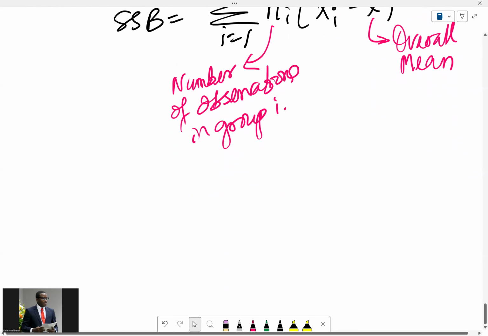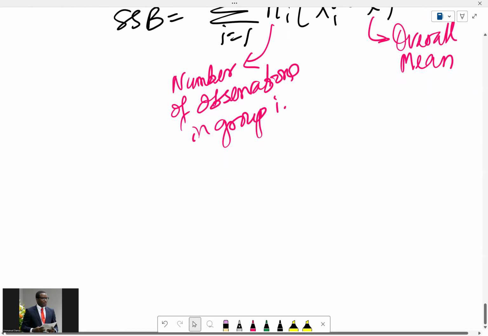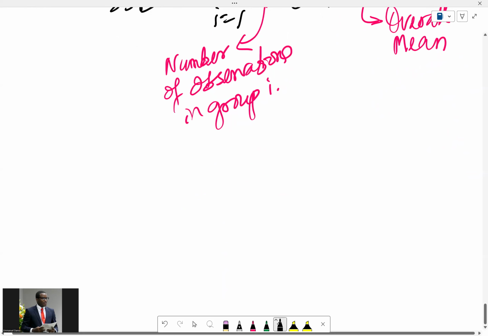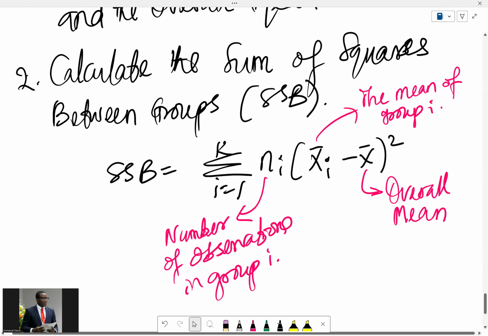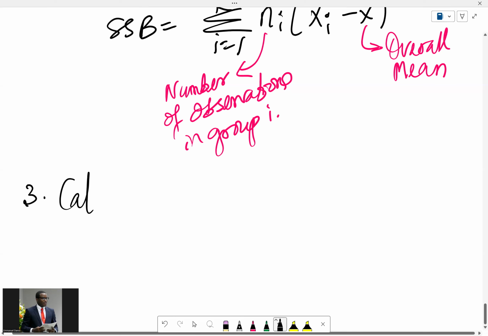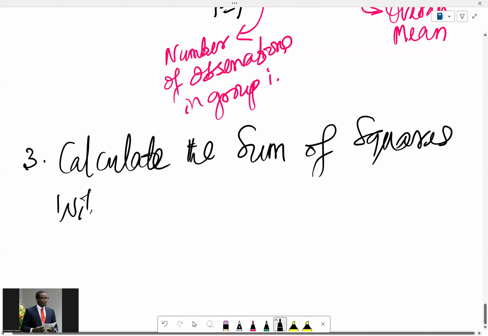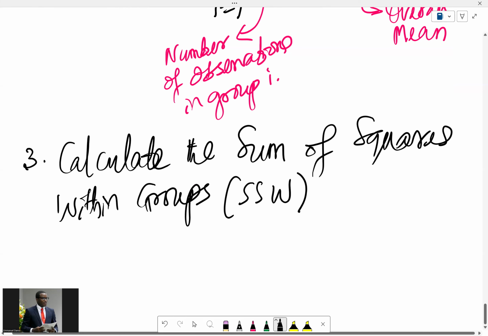Then the next thing, after calculating the sum of squares between groups, you go to the third step, which is to calculate the sum of squares within groups, that is SSW.